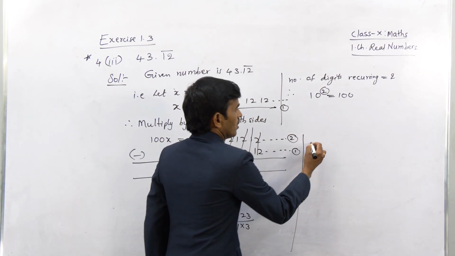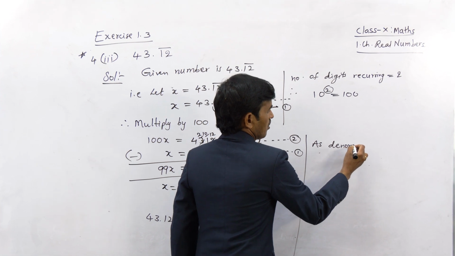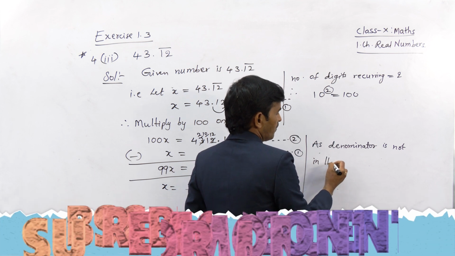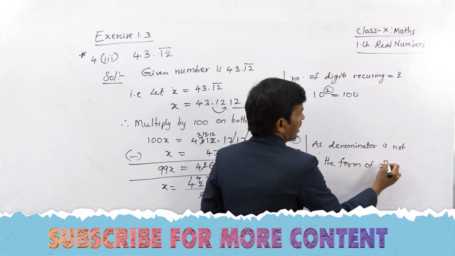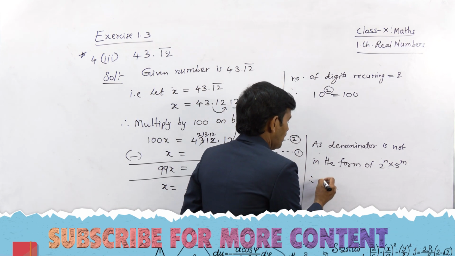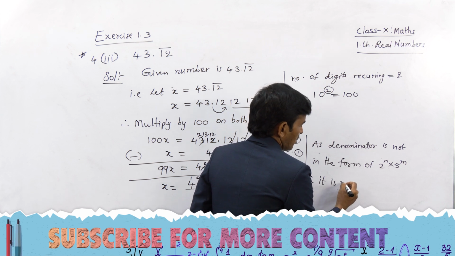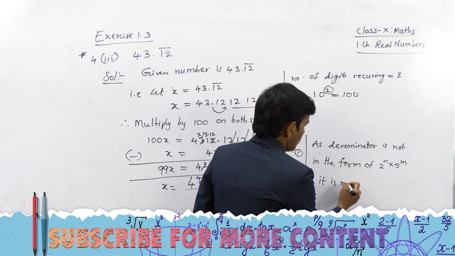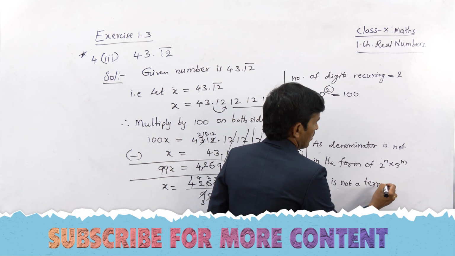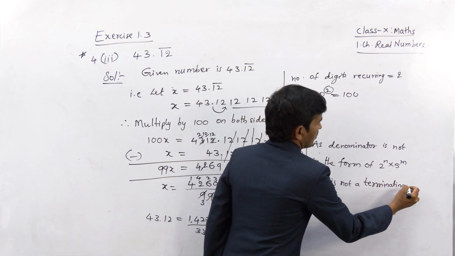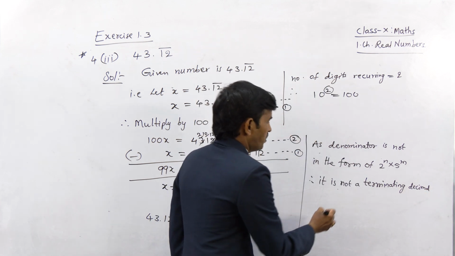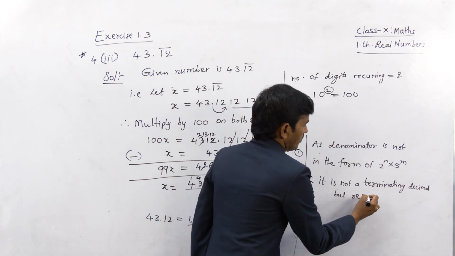As the denominator is not in the form of 2 power n into 5 power m, therefore it is not a terminating decimal, but repeating.